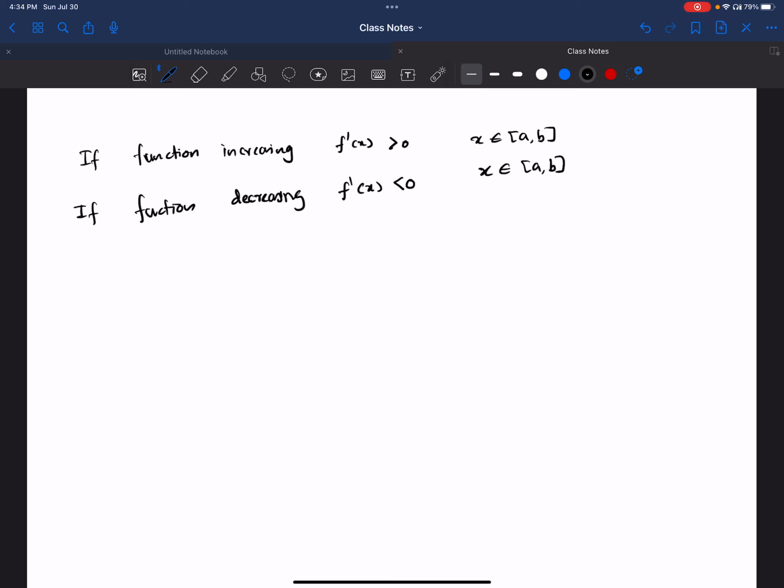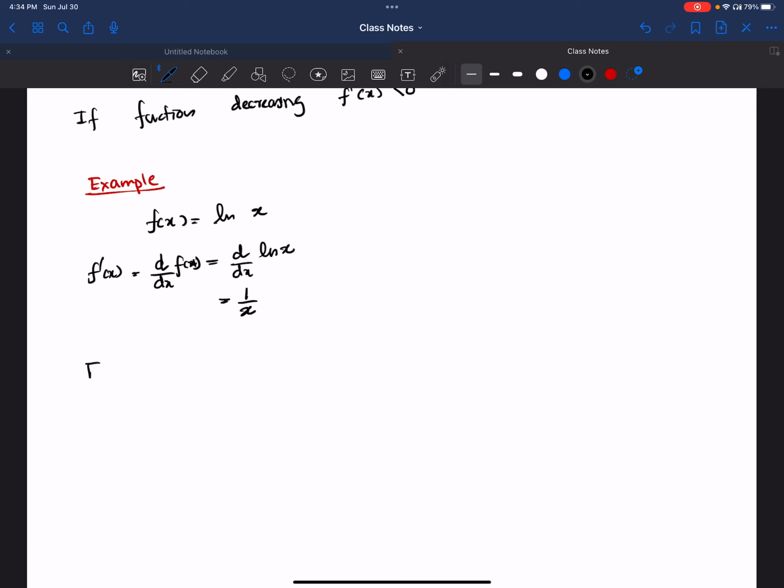Let's take an example. This is a very simple example. Let's take f of x equals natural log of x. In that case, we can find d over dx f of x, which is f prime of x, which is equal to d over dx natural log of x, which is equal to 1 over x.